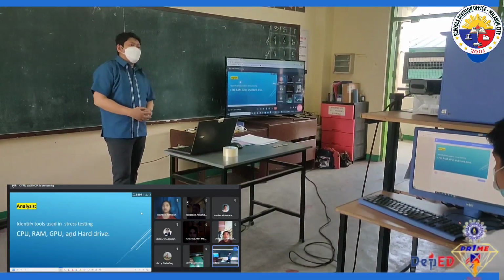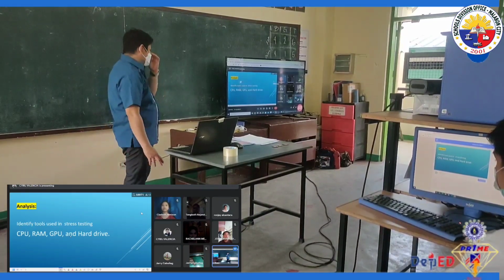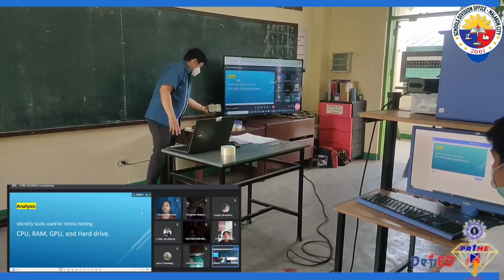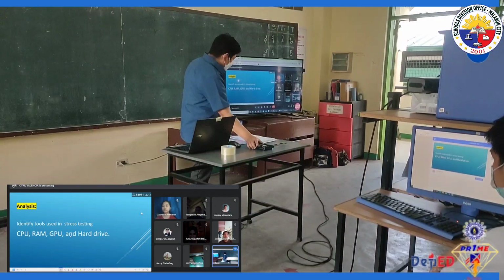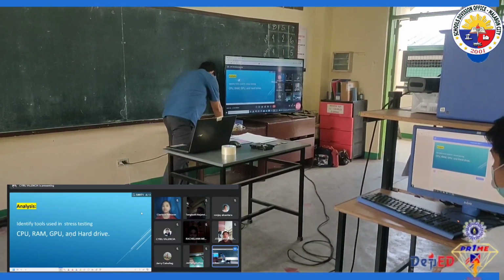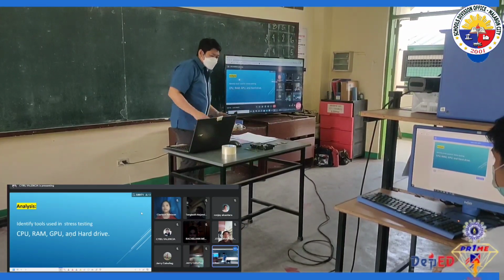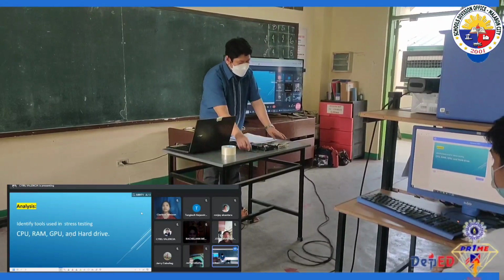Now, let us identify the different tools used in stress testing. Since we're talking about stress testing, we have here different examples of computer hardware. We will have the HDD or the hard disk, the RAM, the GPU, and the CPU.